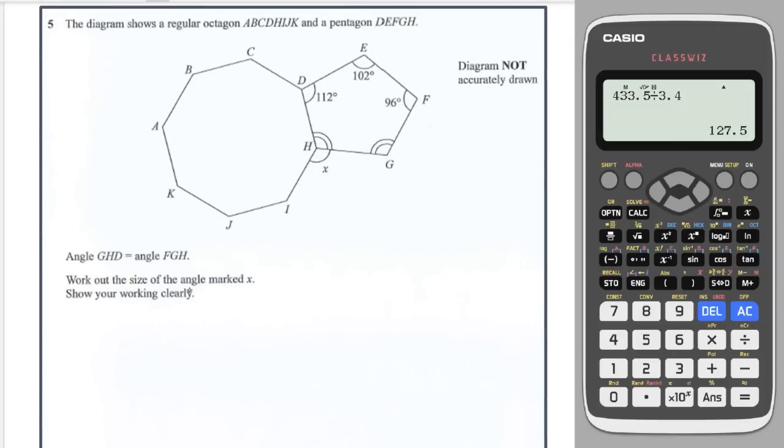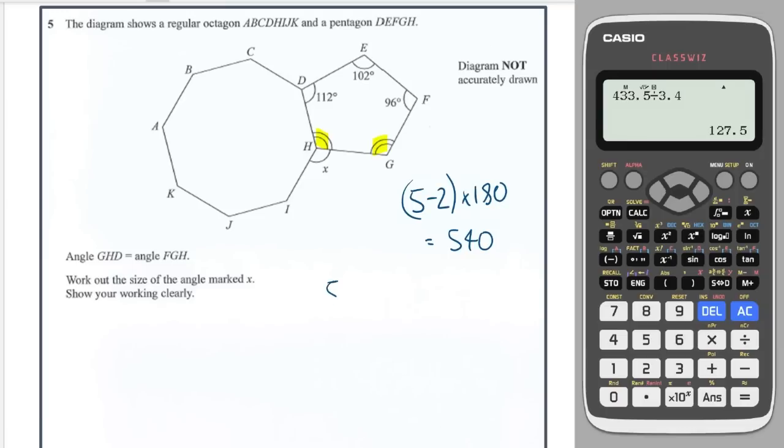Angles, we are told that these two angles here are the same. Okay, and we know that this is a pentagon, and pentagons have 5 sides, so take away 2 times by 180 tells me that a pentagon has 540 degrees inside it.